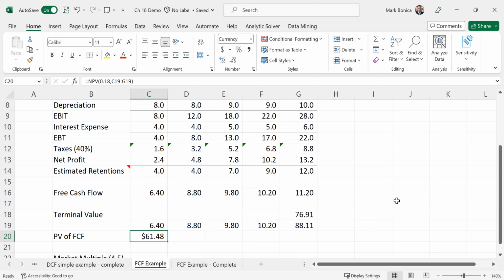Then I multiply that by 1 plus the growth rate, divided by the required rate of return on equity minus the growth rate. That gives me the terminal value. I add the terminal value plus the last free cash flow. So 11.2 plus 76.91 gives me that 88.1. Then I use whatever technique I have available to get the present value of all of the free cash flows. That gives me the value of the business.